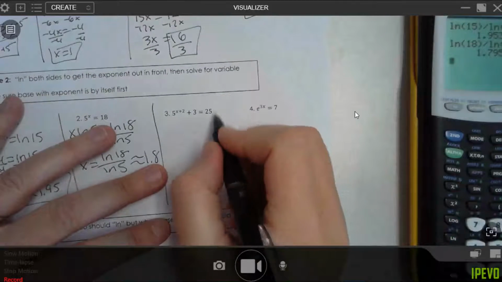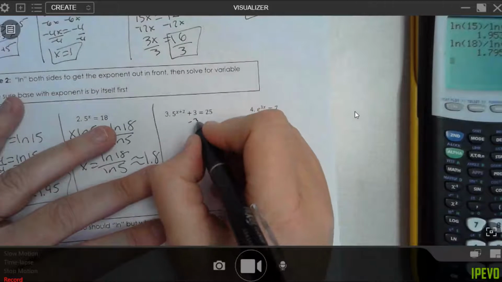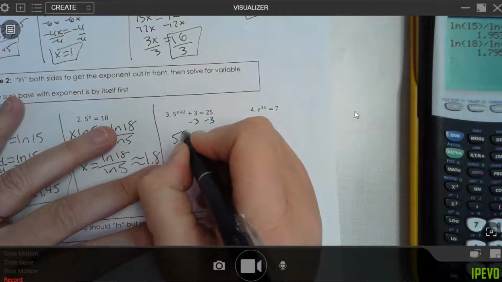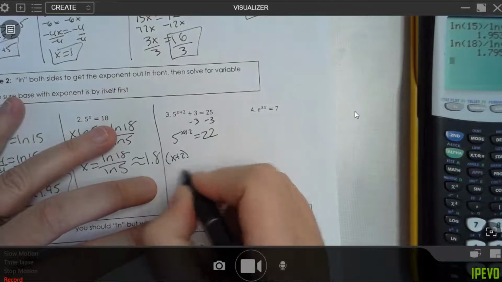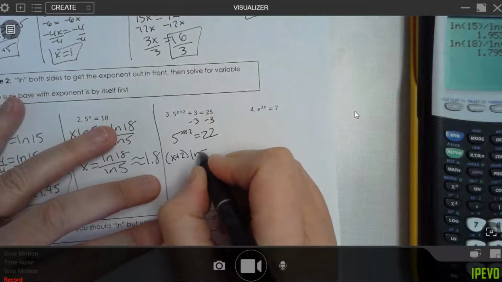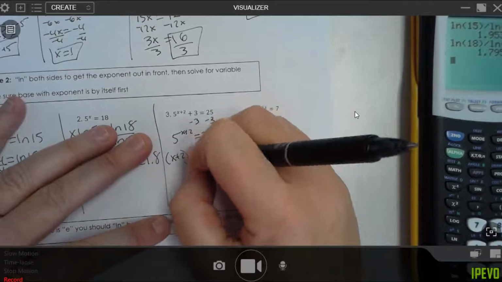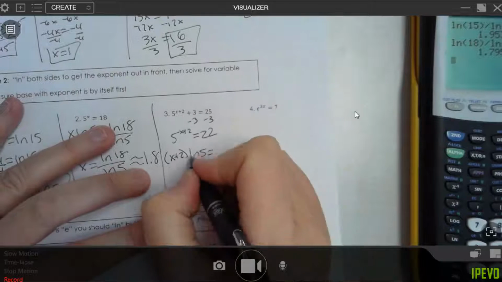On this one, the first thing I have to do is subtract over my 3. Then natural log both sides, and this whole parenthesis goes out in front. Oopsie, I don't want an ln just yet. Oh yeah, I do want an ln.